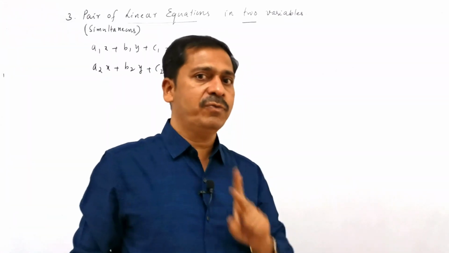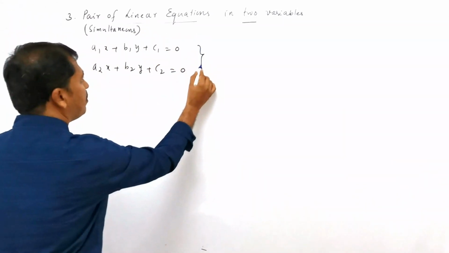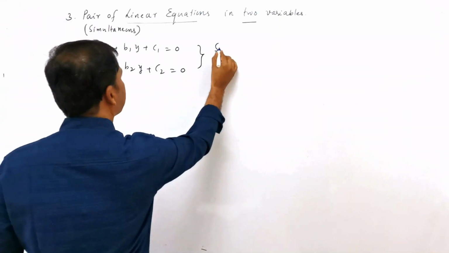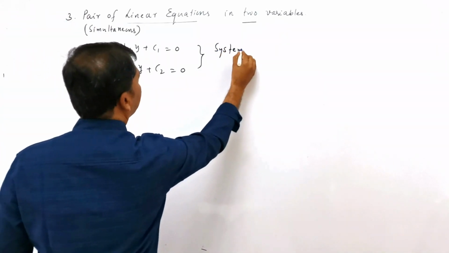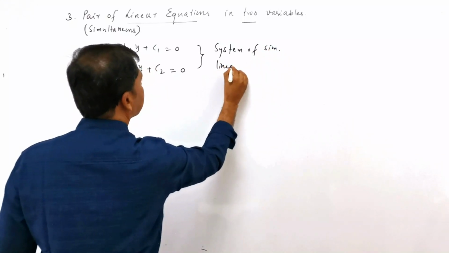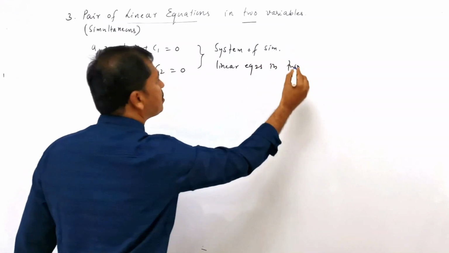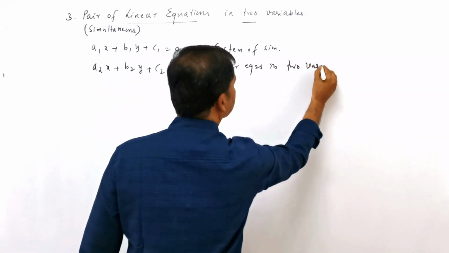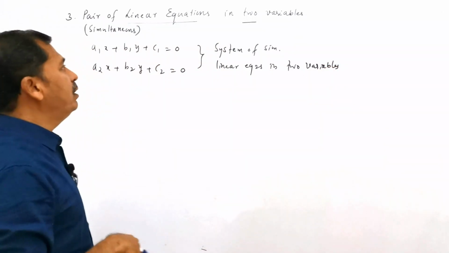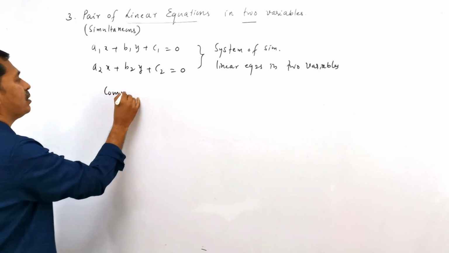But unless one condition is there, this system is said to be a system of linear equations. This is said to be a system of simultaneous linear equations in two variables only when they have a common solution.